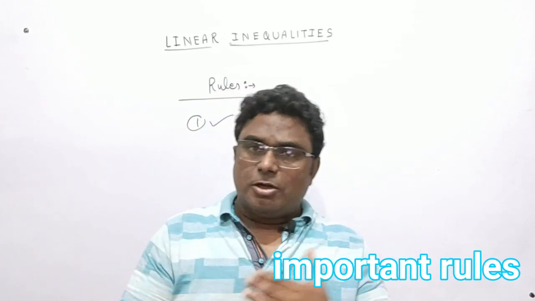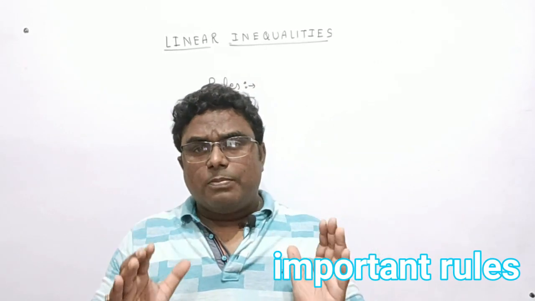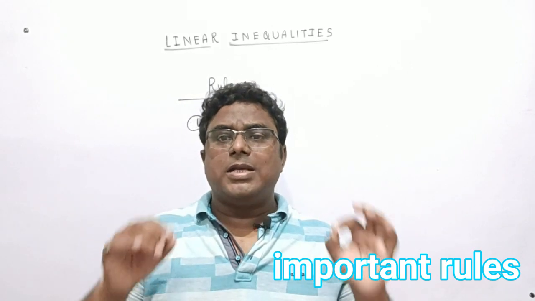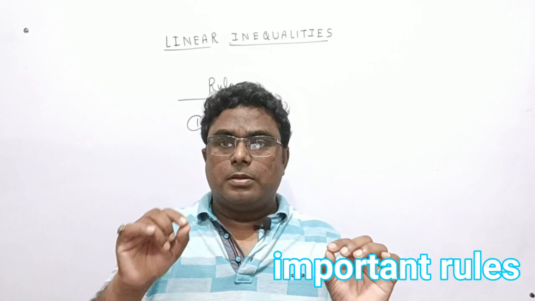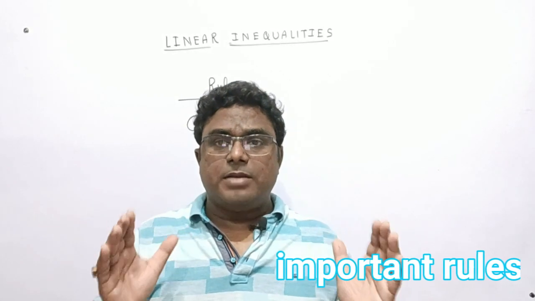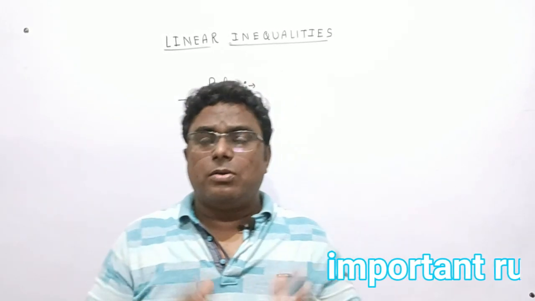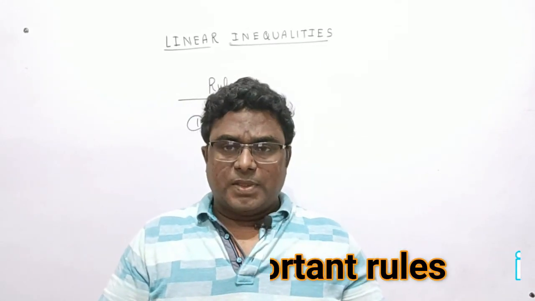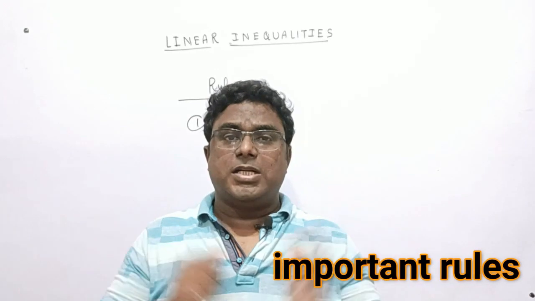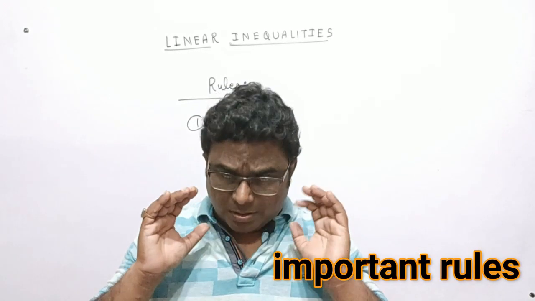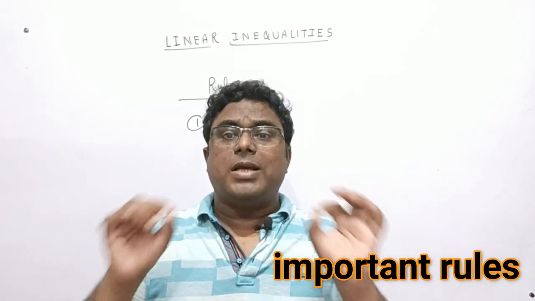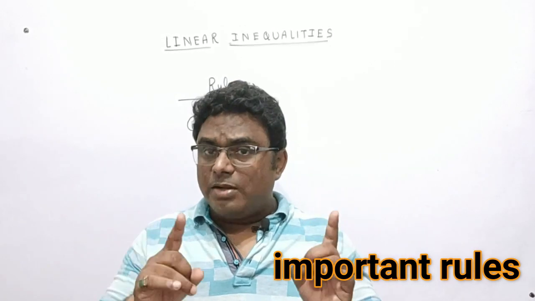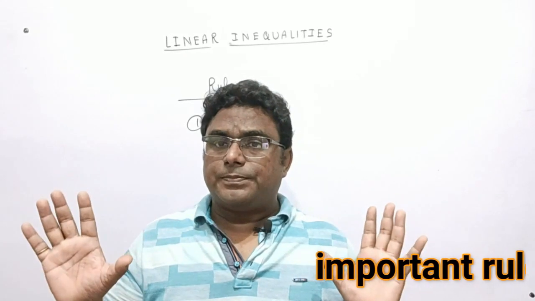Rule number 2, which is similar to rule number 1, if we multiply or divide both sides of a linear inequality by the same positive number, mind it, the same positive number, then the sign of inequality is not affected. Rule number 3, if we multiply or divide both sides of an inequality by the same negative number, then the sign of inequality is reversed.